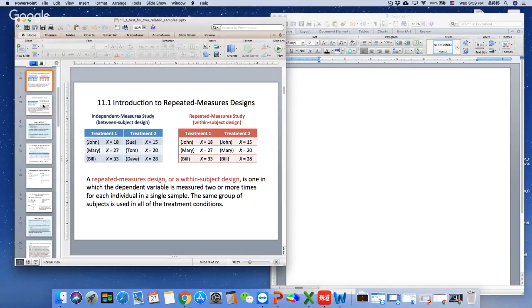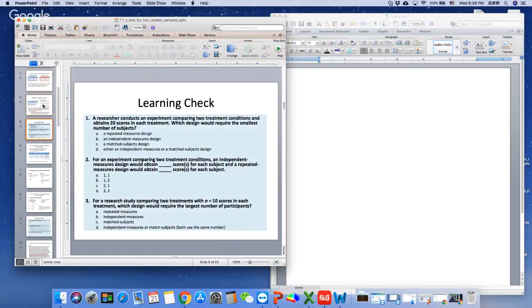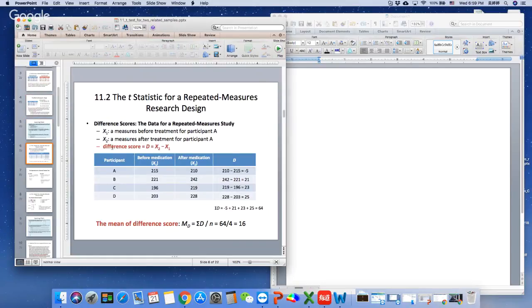For this kind of data, we are focused on the difference score, meaning the difference between the score before treatment and after treatment for each subject. We compute the difference score, which we call D, for each subject.